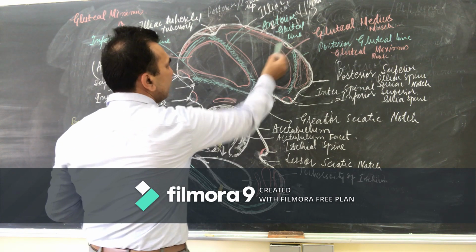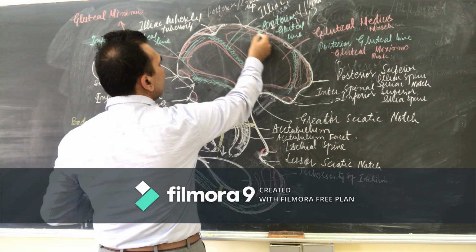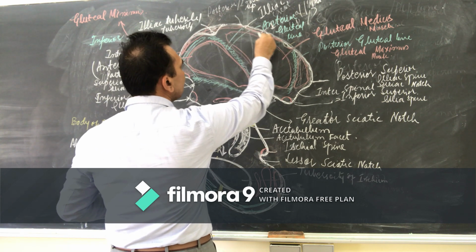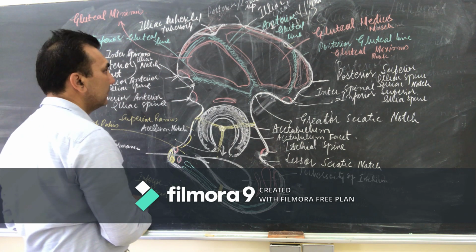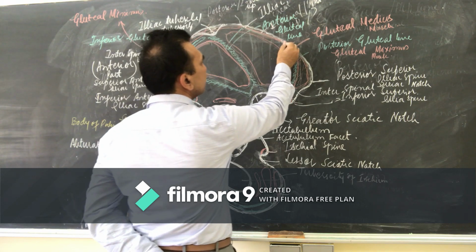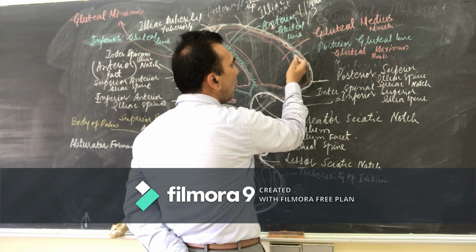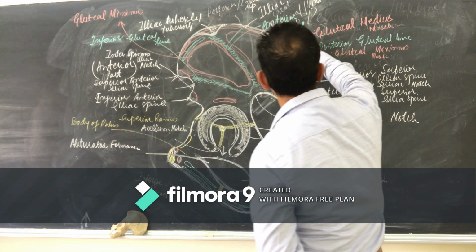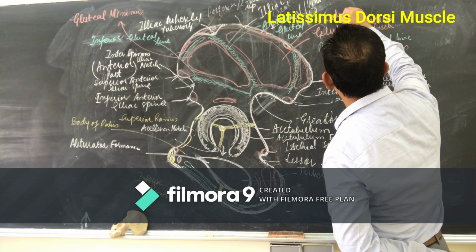Now, the iliac crest has three borders. The posterior side, just above the posterior gluteal line, is for the latissimus dorsi muscle.